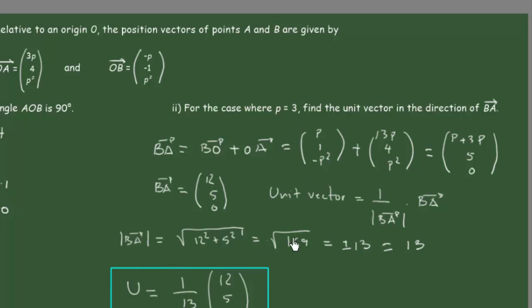So we will obtain 3 plus 3 times 3, this is 12, and then 5 and 0, and we obtain our vector BA.